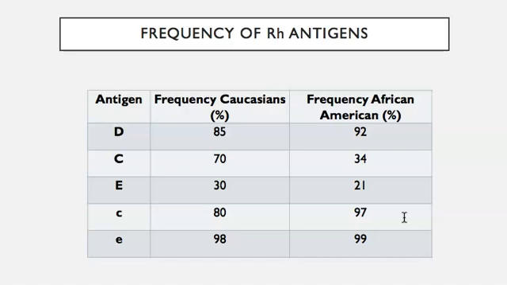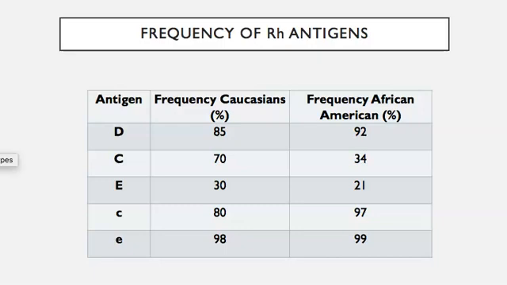These frequency charts can help you determine that. For instance, 98% of Caucasians have the little e antigen, so the chance of a Caucasian patient having an anti-little e antibody is almost none. It's very, very rare, because the majority of the Caucasian population has the antigen, and you cannot produce an antibody for an antigen that you possess on your red cells.